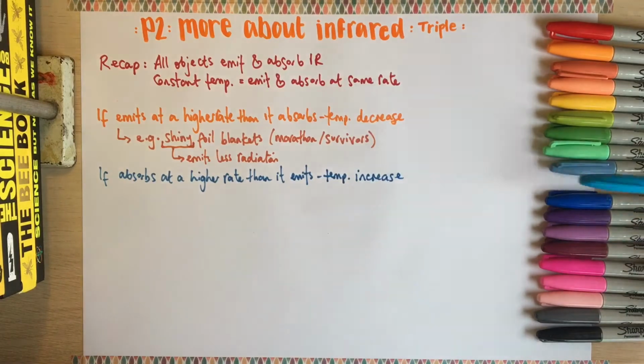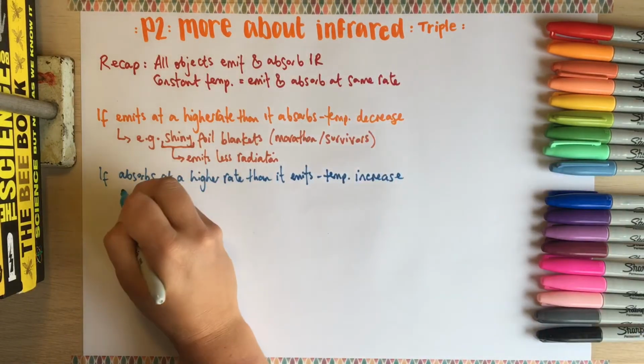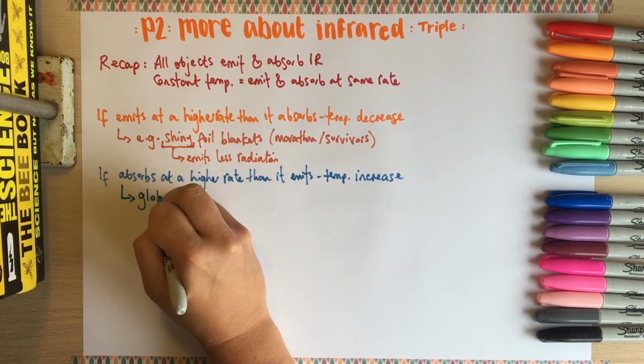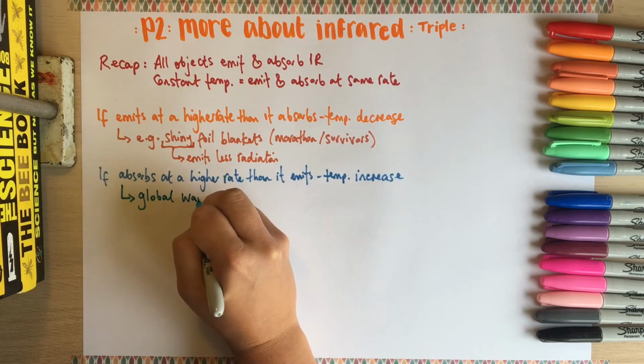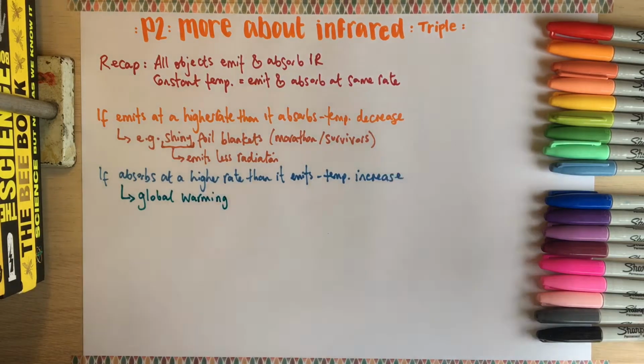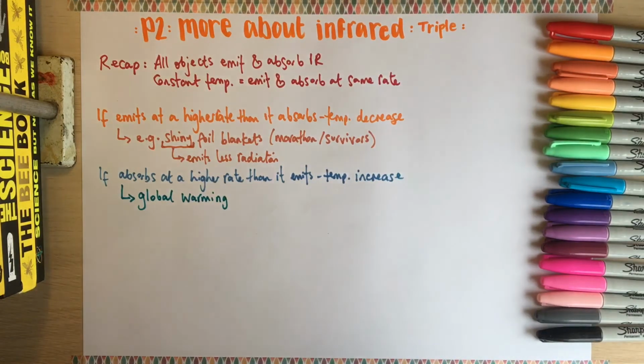Again, the example that we want to think about here that's often brought up is global warming. You did about this in year 8, but we're going to recap now.